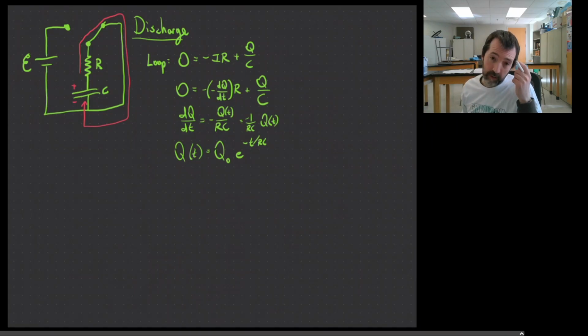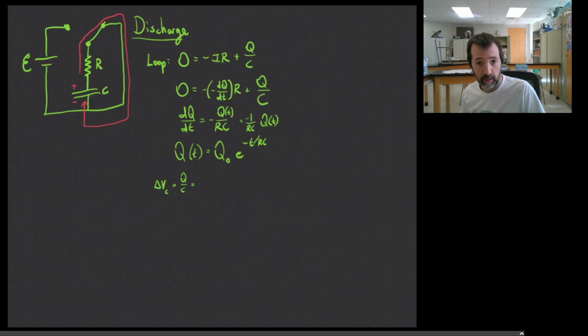Okay, so that's the function for q. Suppose you want to know the function for delta V of the capacitor. I'm going to put a little subscript C on here, so you know that's the delta V for the capacitor. Delta V for a capacitor is supposed to be Q over C. Well, I just found out Q is a function of time.